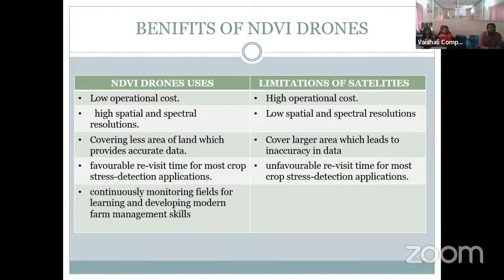NDVI drones cover a smaller area when compared to satellites, which cover a stretch of many kilometers. NDVI drones have a favorable revisit time for the crop, whereas the satellite revisit time is not very good. By using NDVI drones, we can continuously monitor the fields, and we can bring modern farm management skills to the farmers.